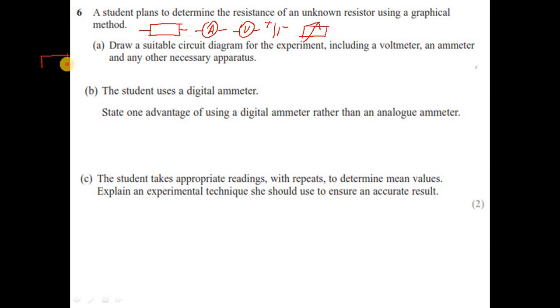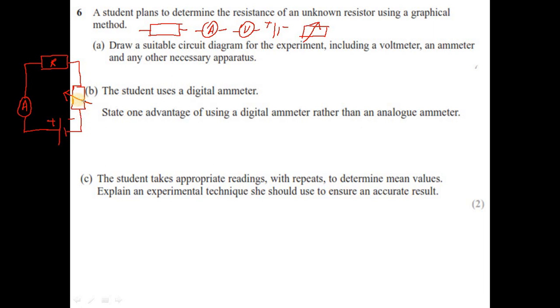So this is my resistor connected with the ampere meter, and then this ampere meter is now connected with a cell or maybe a power supply, and then connect this with a variable resistor, and then R. This is your R. And once you're done with the closed loop or a series connection, the last component is a voltmeter, and the voltmeter is connected parallel to the component which is being studied.